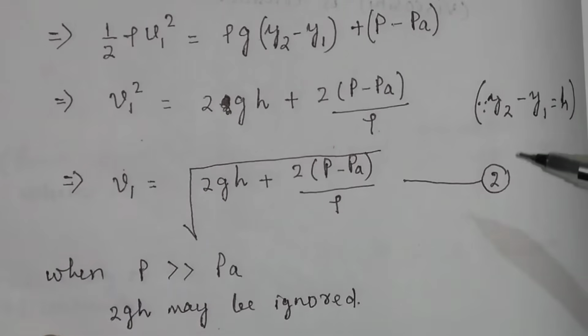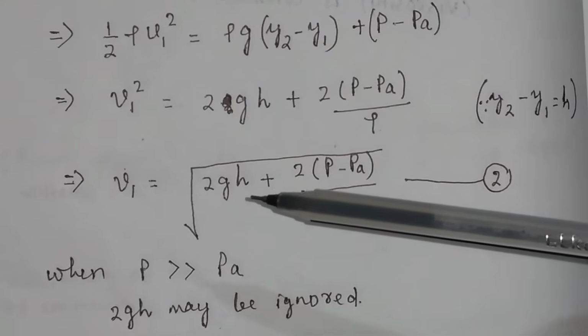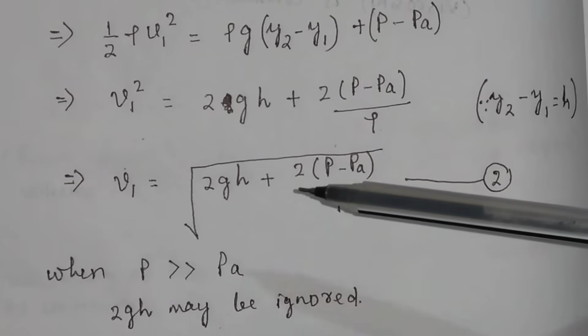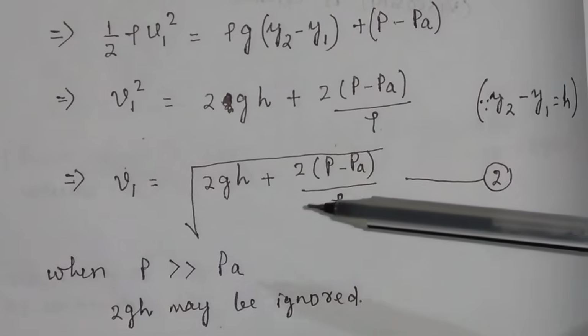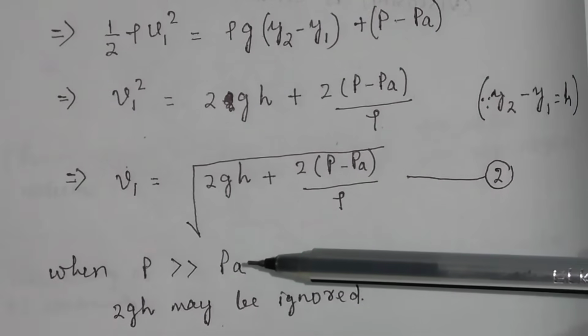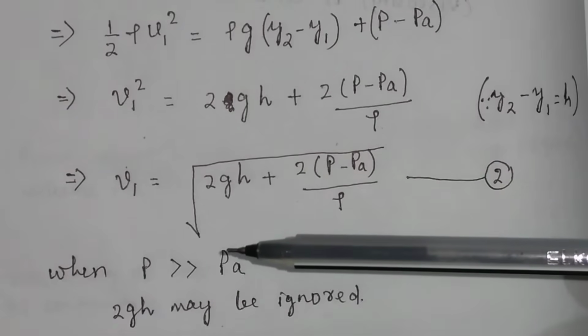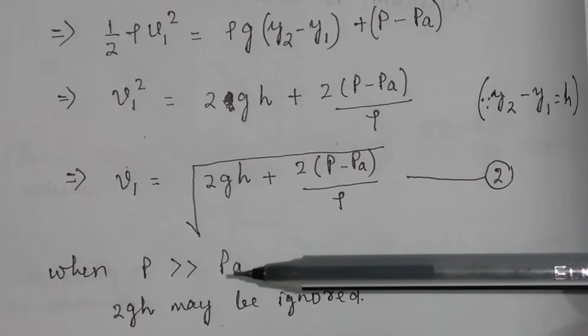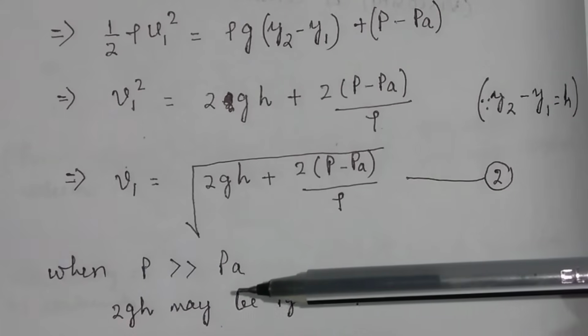So you see, this is your equation 2. And in equation 2 you have two terms. One is your 2gh, another one is your 2 into (P minus PA) divided by rho. So if P is very much greater than PA, that is, the applied pressure is very large in comparison to the atmospheric pressure, then 2gh will be neglected or ignored.